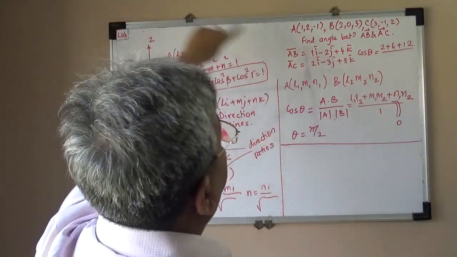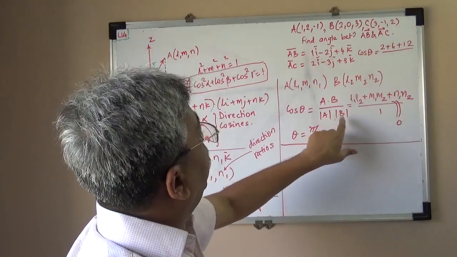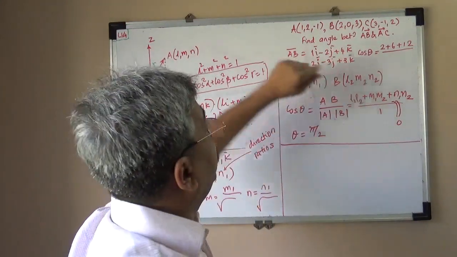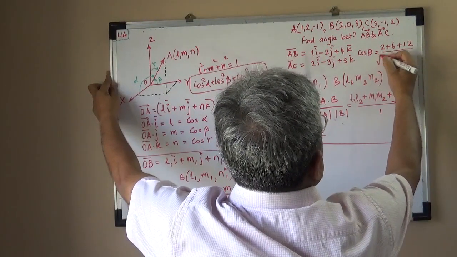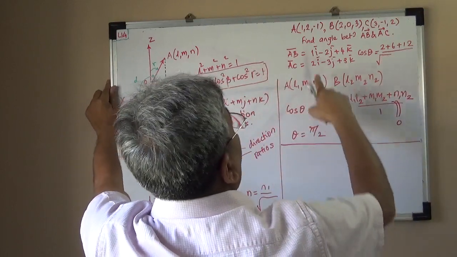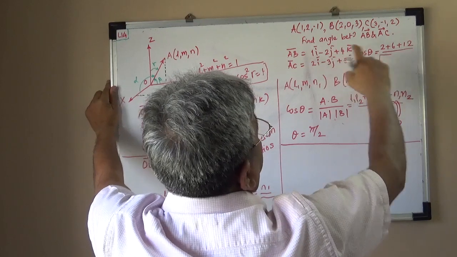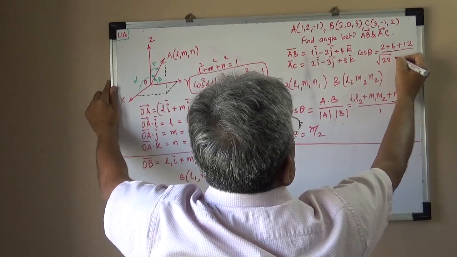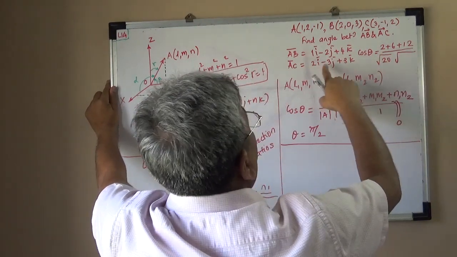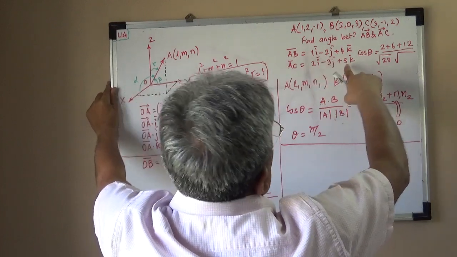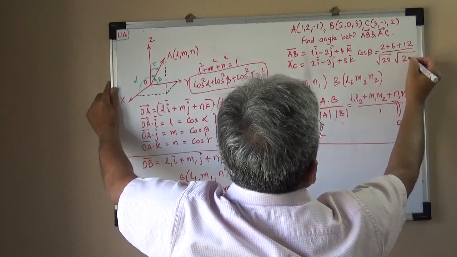Now here they are not unit vectors, therefore mod A and mod B values will be present there. So radical of 1 square plus 2 square, that is 5 plus 16, that is 20, and radical 4 plus 9, that is 13, plus 9 is 22.